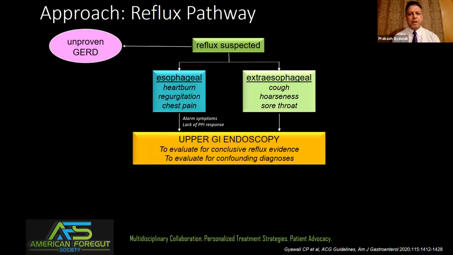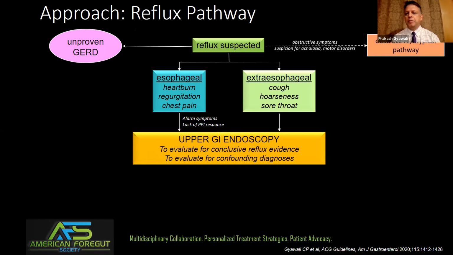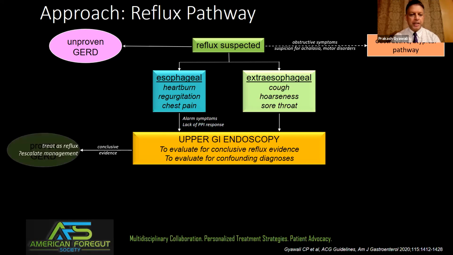So if you go back to our reflux pathway, at the outset, when we are suspecting reflux, if the patient has obstructive symptoms or if there is a suspicion for obstruction, you may go down the obstructive pathway or atypical pathway. If the endoscopy demonstrates conclusive evidence for reflux as suggested on the Lyon consensus figure, you treat as reflux or escalate management if they haven't been getting better, and that's proven GERD.